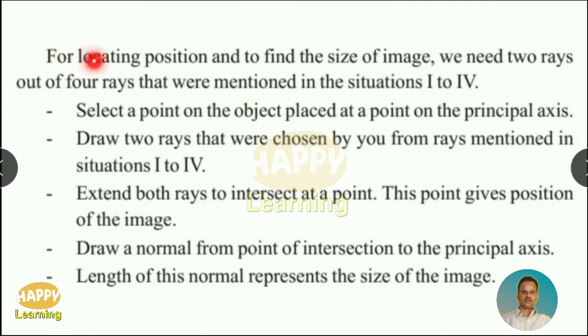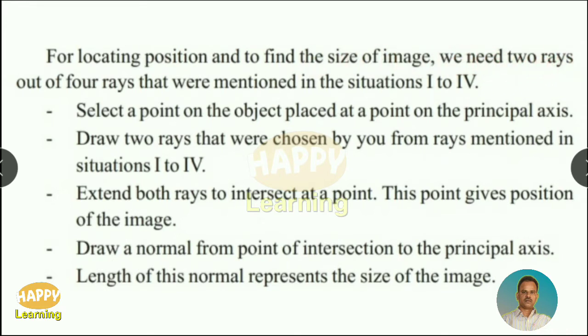For locating the position and to find the size of image, we need two rays. One is position and the other is size of the image.